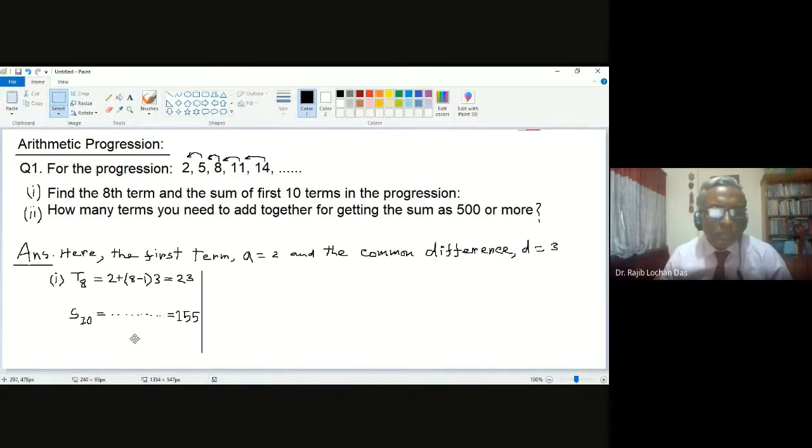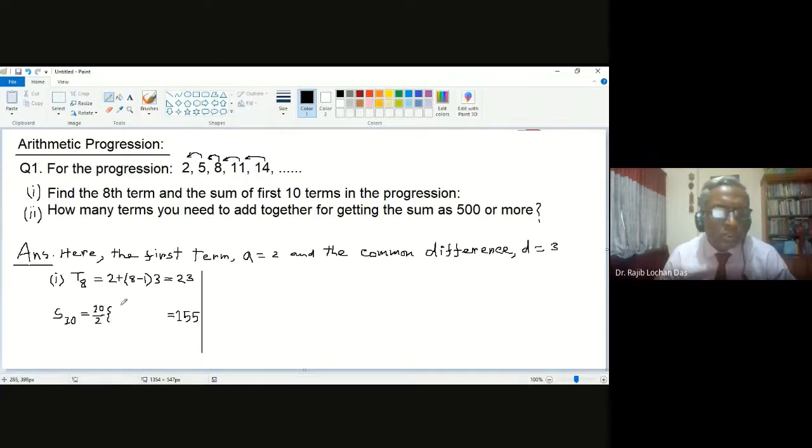Now if you think about the second part of the question, they are asking how many terms you need. How many terms you need means you will find out the n value.